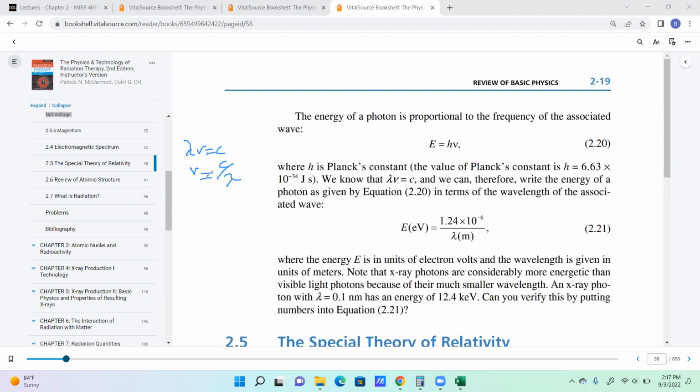Get this. We take this, substitute it in here. We find that the energy is going to be equal to hc over lambda. Is that the same thing that we have here?